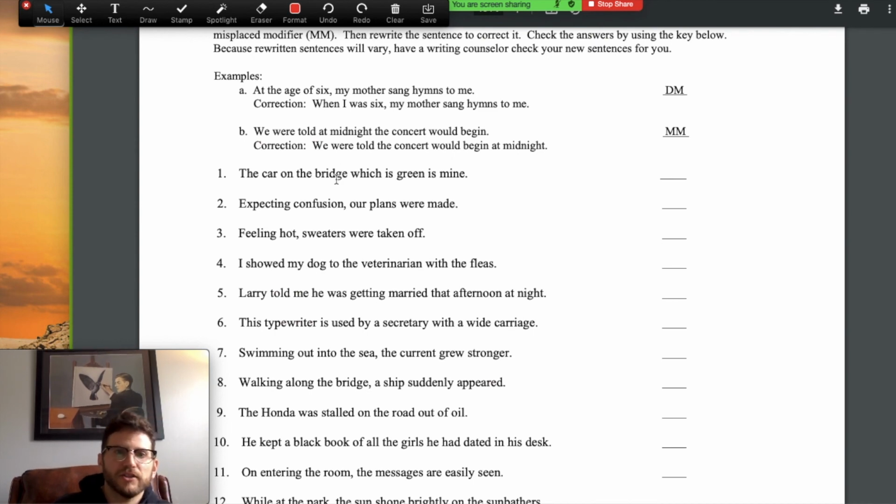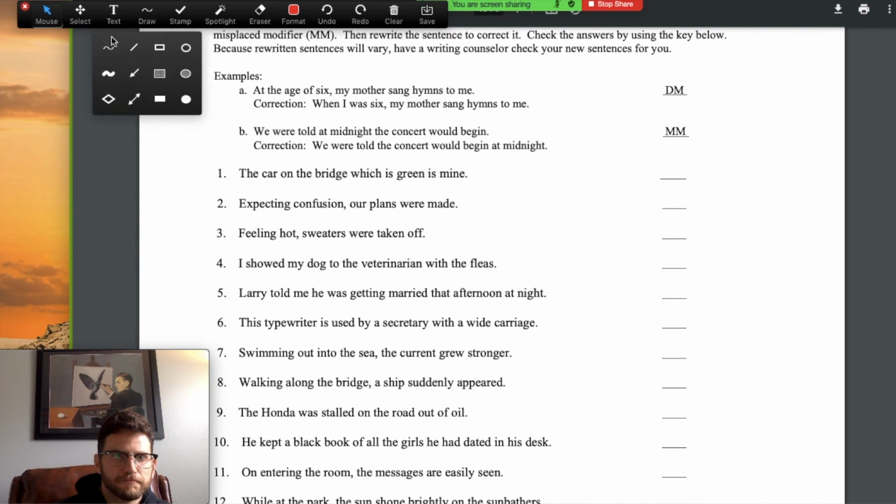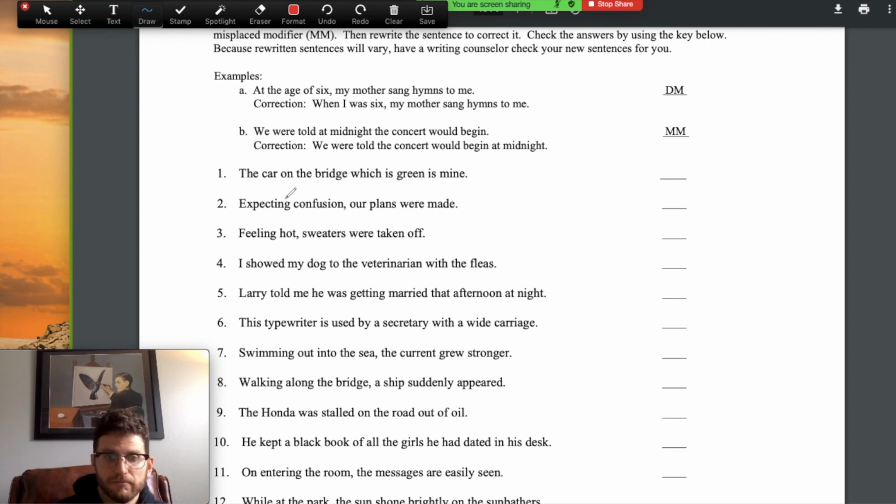Okay, so looking at expecting confusion, let's add it to the modifier itself. Because we were expecting confusion, our plans were made. Fine, that works.